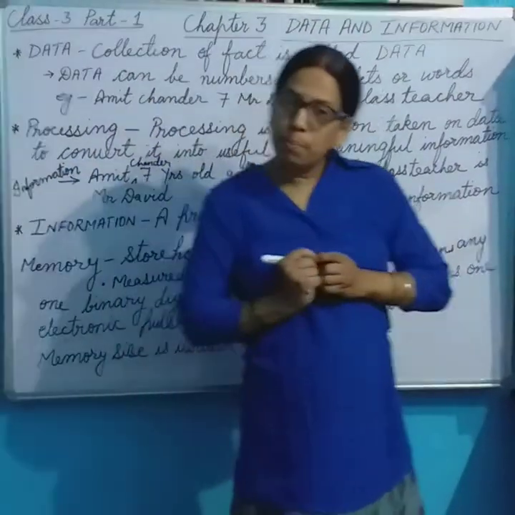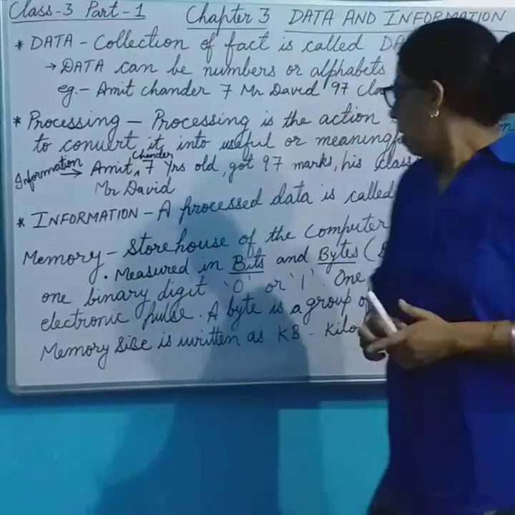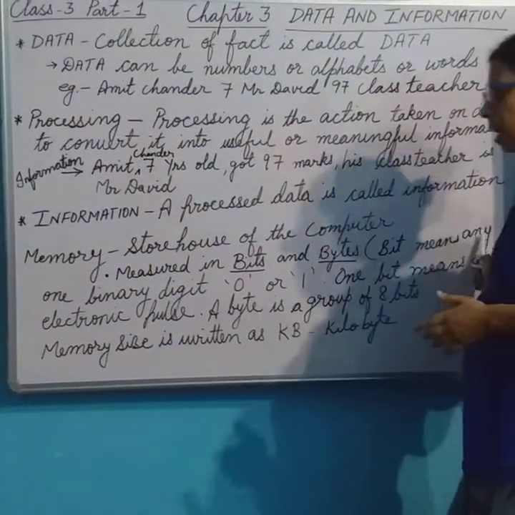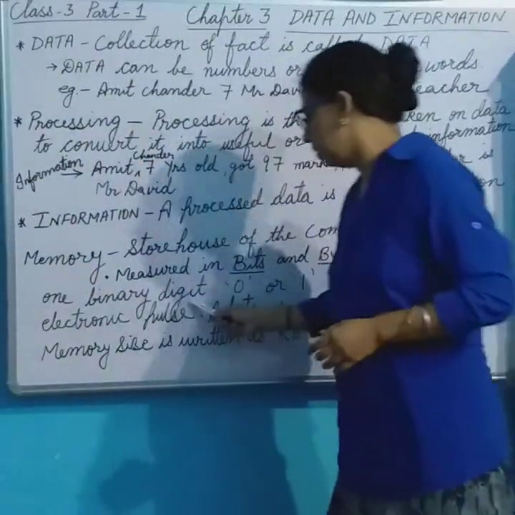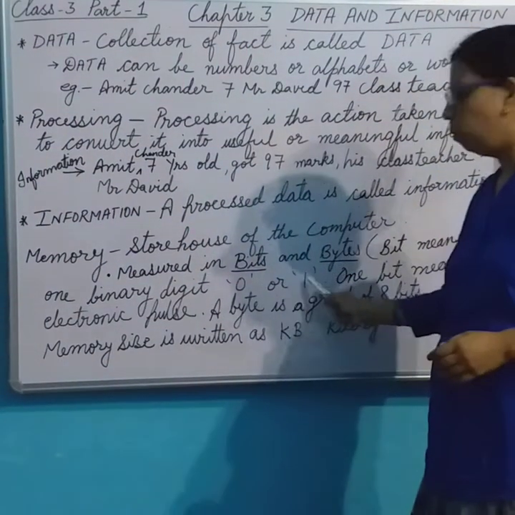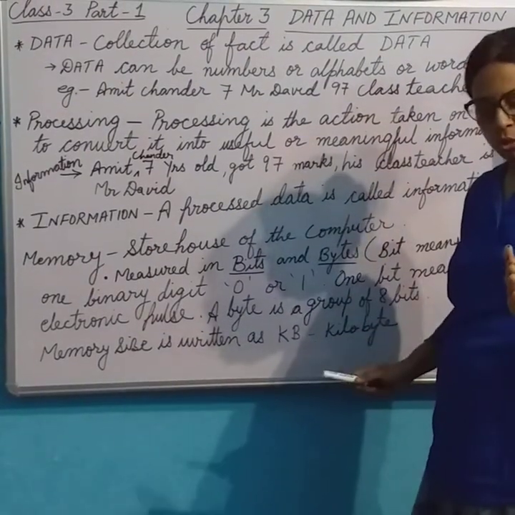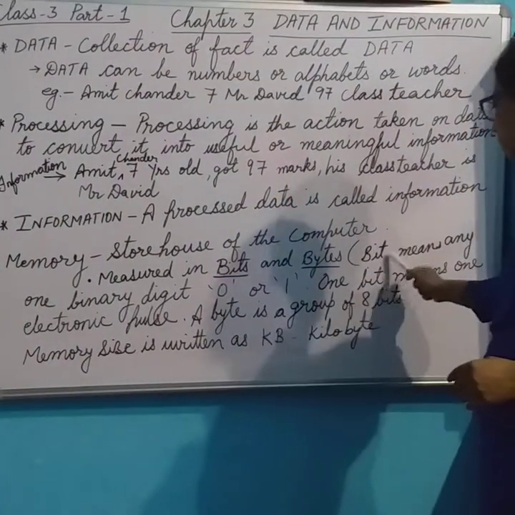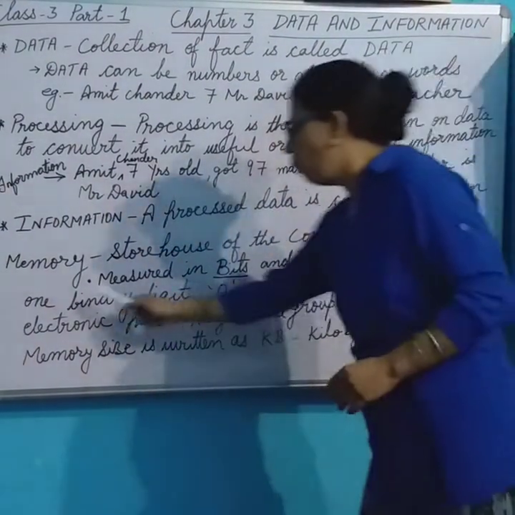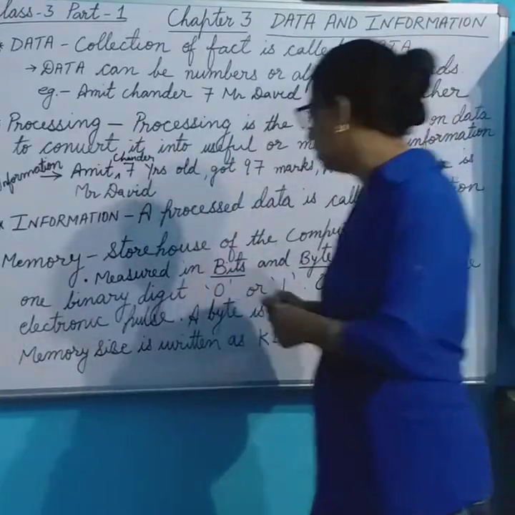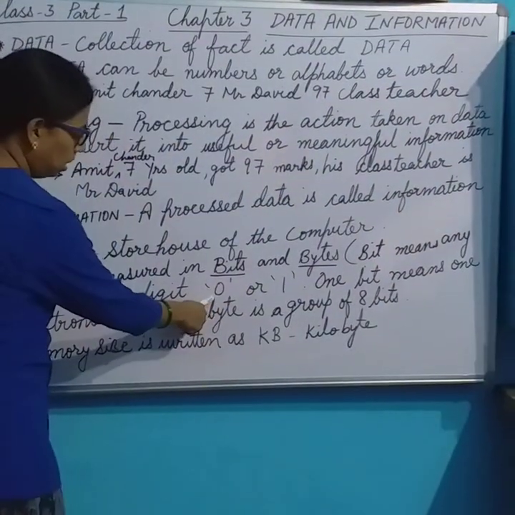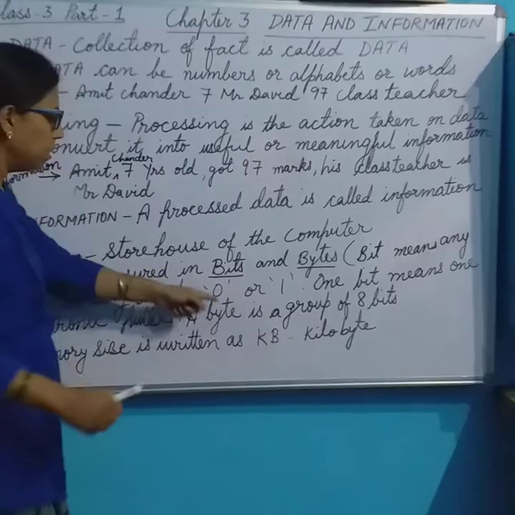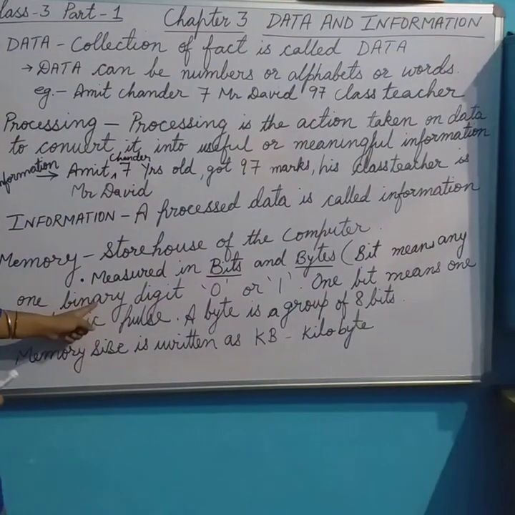Now what are bits? B-I-T. A bit means any one binary digit, that is 0 or 1. You understand this much for now; I'll explain more in my next video. Bit means any one binary digit. This 0 or 1, these are called binary digits.